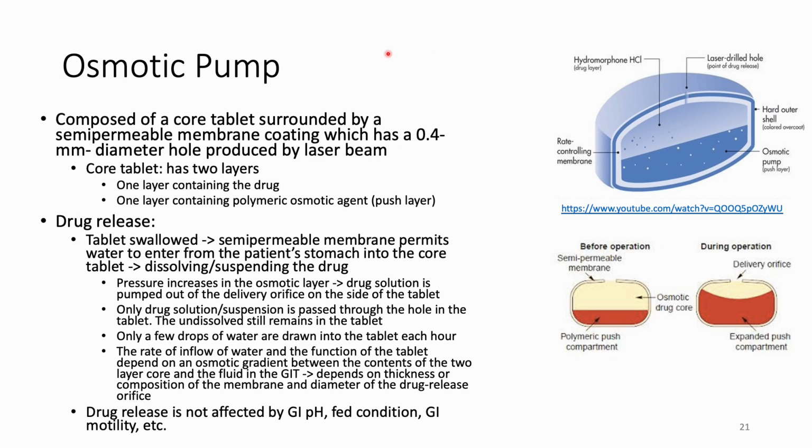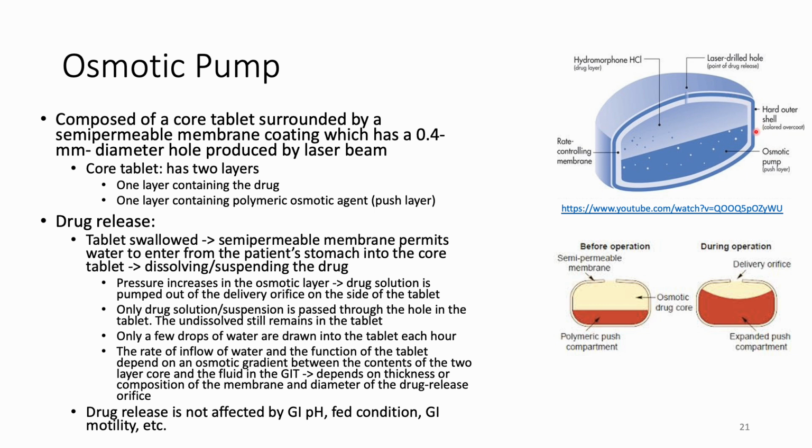One of the most advanced technologies to make an extended drug delivery system is the osmotic pump. This kind of technology creates advanced tablets to control the release of drug over time. Technically, the tablet has an appearance like this.